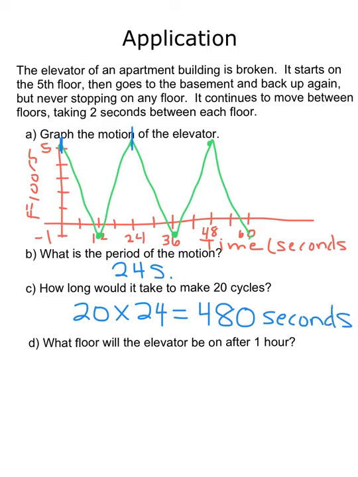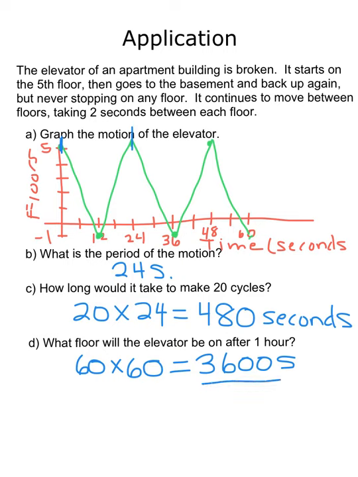At what floor will the elevator be on after 1 hour? So after exactly 1 hour, where's the elevator going to be? Well, 1 hour is 60 minutes, but we have to do this in seconds. So 60 minutes times 60 seconds would give us 3,600 seconds. One whole cycle is 24 seconds.